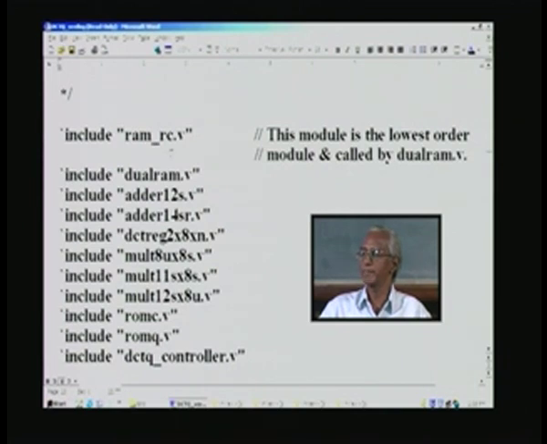For example, RAM-RC, dual RAM, the design of which we have already covered, and so also we have covered adder 12S, and 14SR was given as an assignment to you. What we are yet to see is this DCT reg here, in order to store the partial products of the CX matrix computation, if you recollect our architecture shown before.